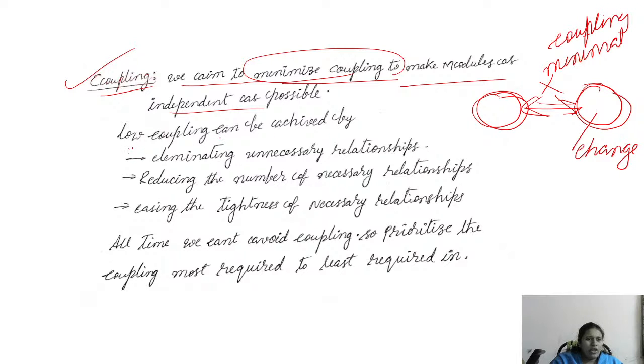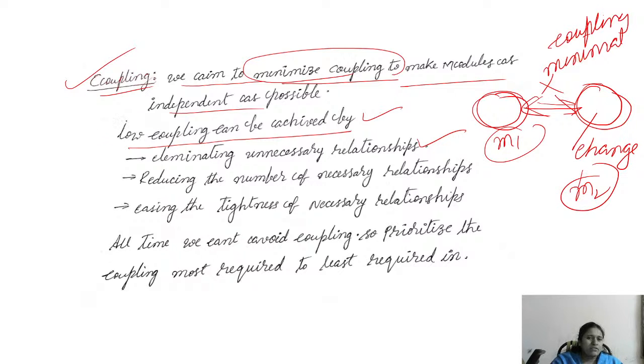Okay, low coupling. How can we achieve low coupling? By eliminating unnecessary relationships. If there is any unnecessary relationship between two modules and we eliminate it, the coupling will be reduced. Also reduce the number of necessary relationships if possible, and make the necessary relationships less tight.